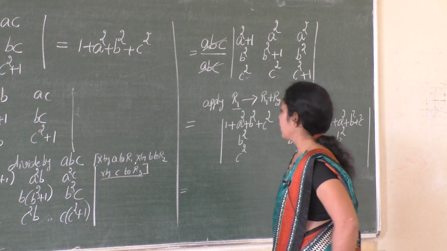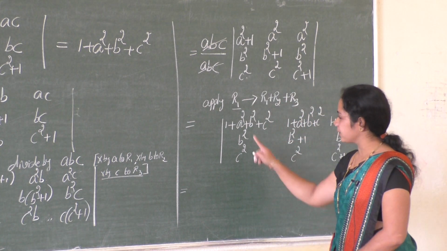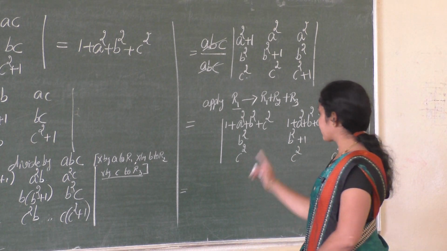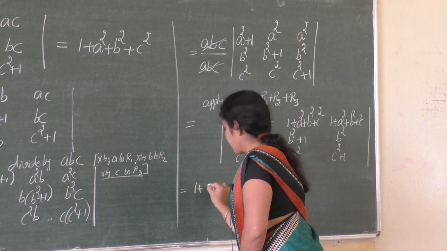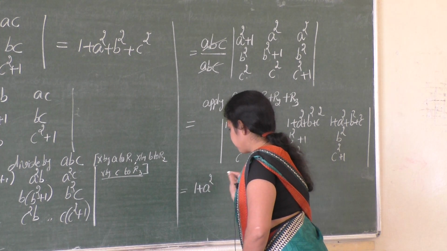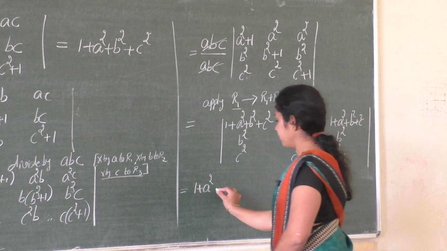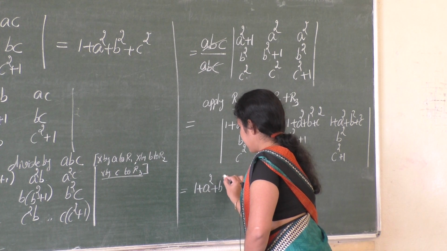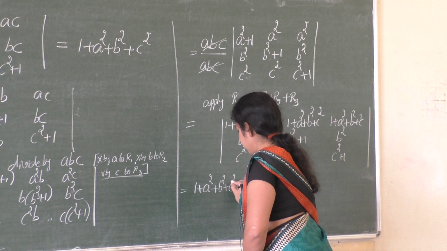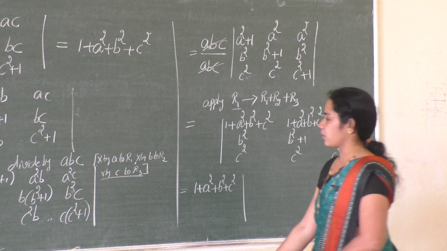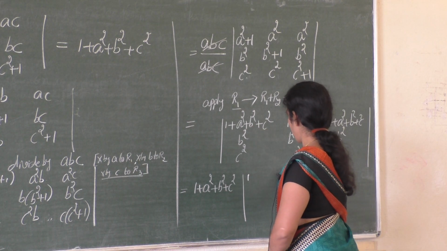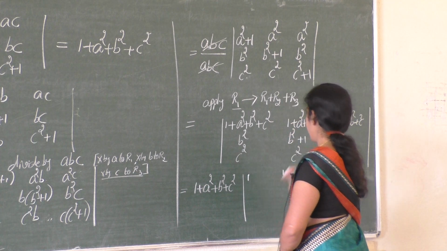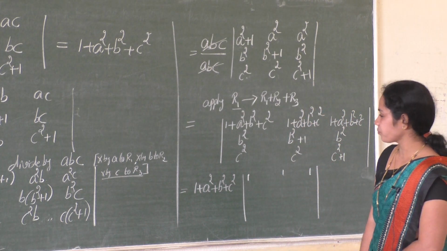Now 1 plus A square plus B square plus C square is common in the first row. Take it outside. What is remaining? 1, 1, 1 in the first row.